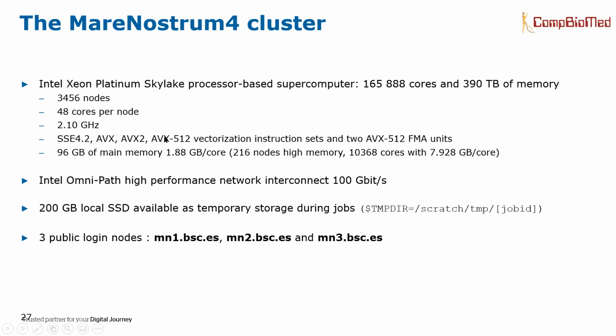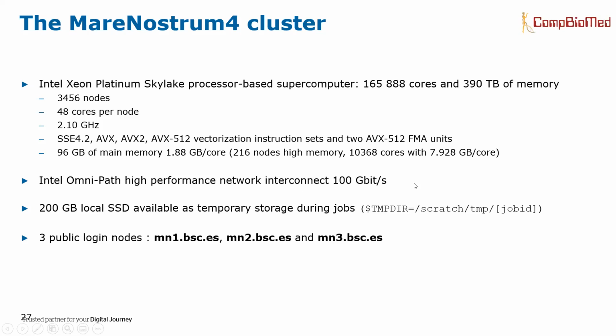In a supercomputer, you have not only one processor but thousands of them, all interconnected with a high-speed network which is able to transfer data at 100 gigabytes per second. Each processor has access to a local memory of about 200 gigabytes, and also access to a shared file system, which is called GPFS, as we have seen.